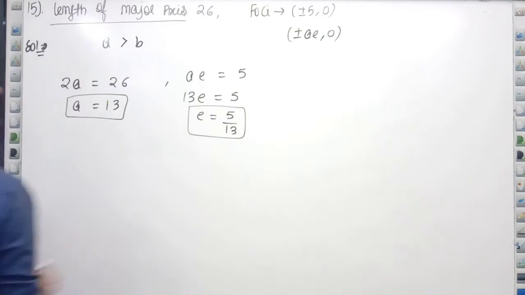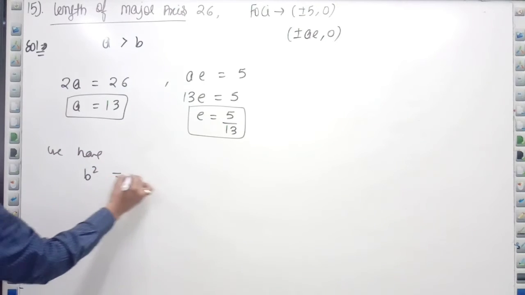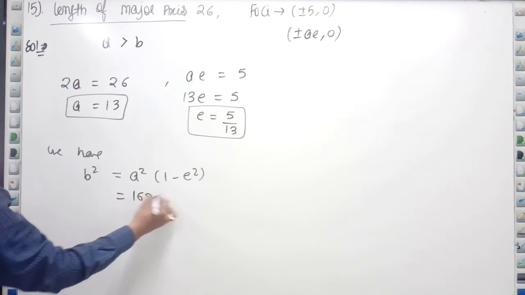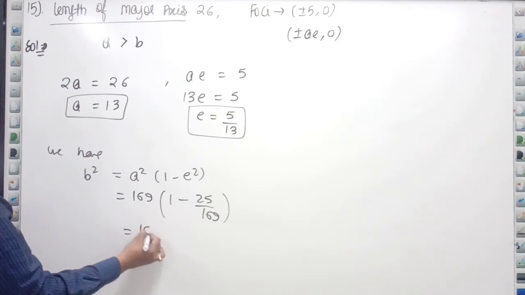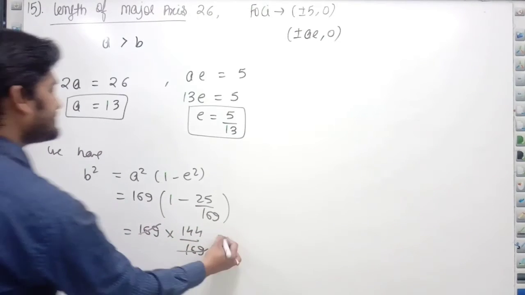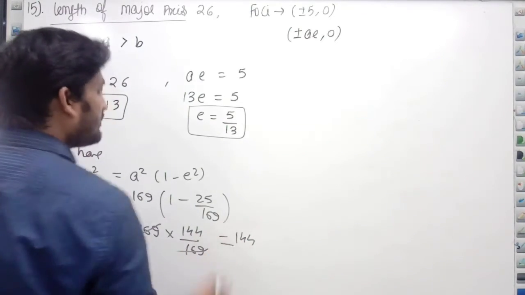Now when I find the value of b, we have b square equal to a square into 1 minus e square. a square is 169, 1 minus 25 by 169, 169 into 144 by 169, this will be cancelled out. So b square equals 144.